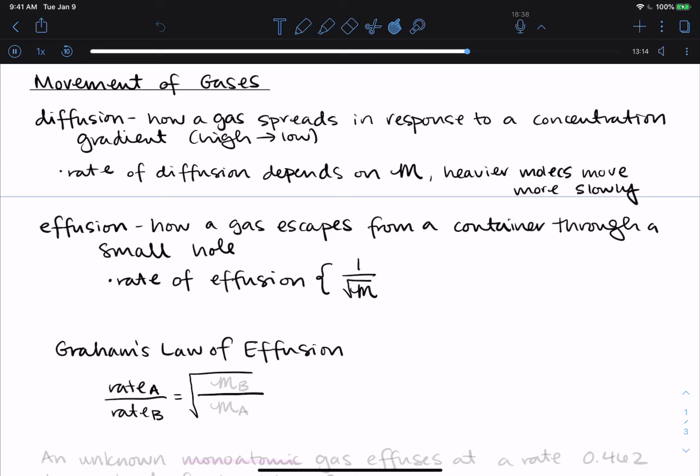And remember, this was proportional to 1 over the molar mass. So if I have the rate of A in the numerator on the left, the molar mass of A goes in the denominator. And if the rate of B is in the denominator, the molar mass of B goes in the numerator. Okay, this is obviously best done with an example.